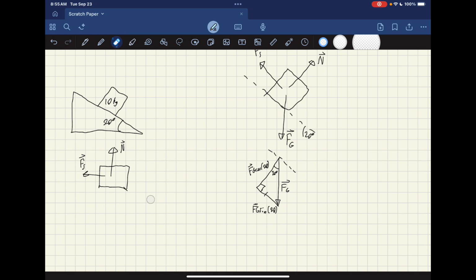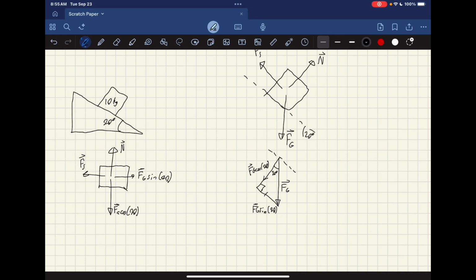If you get rid of your Fg entirely and you instead break it up, you can say, I know that the normal force component, or the force parallel to the normal force, is Fg cosine of 20, and then the other one is Fg sine of 20.